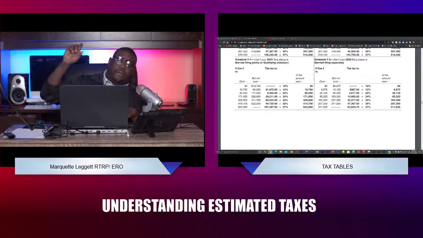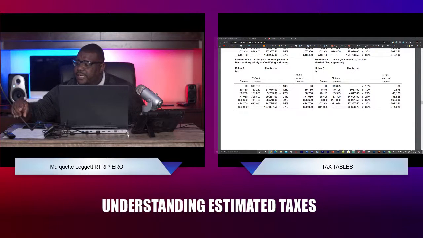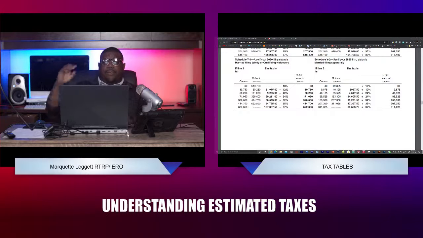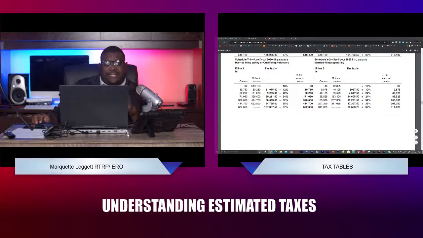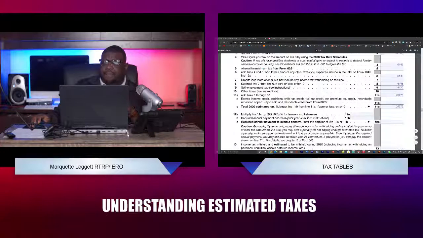Then you take 12% of that number, and then you add 1,975 to it, which will give you 6,146.